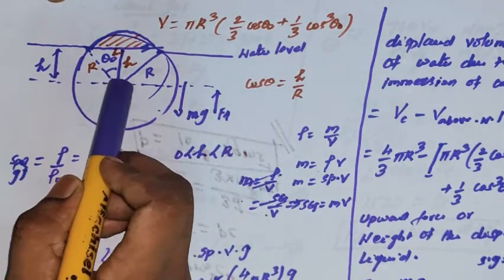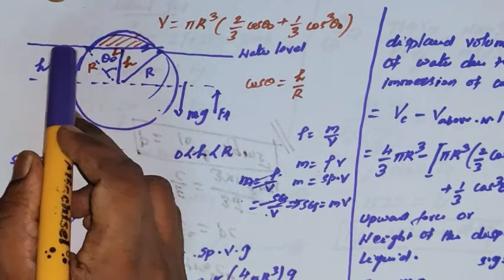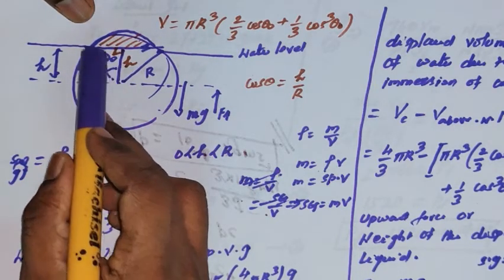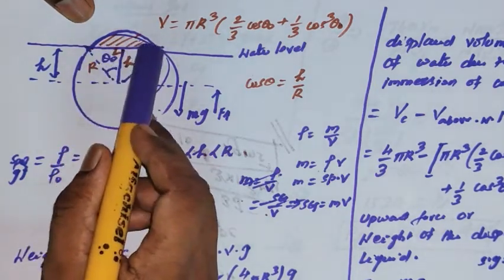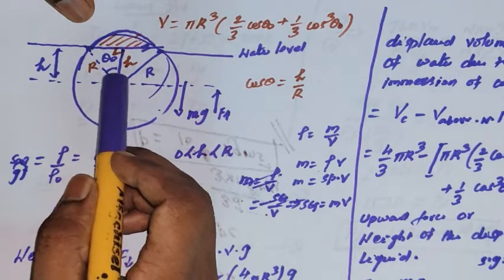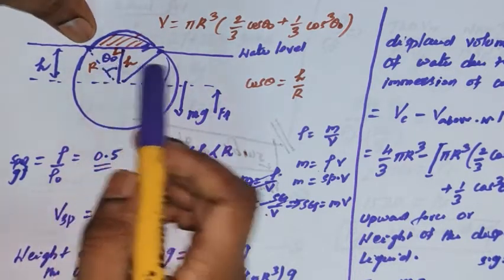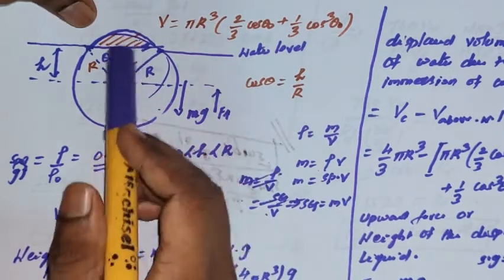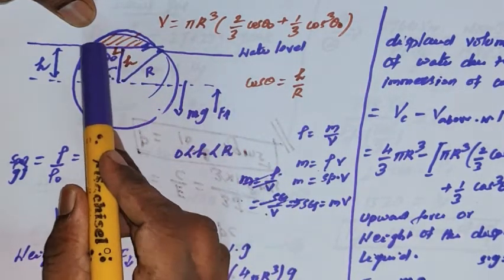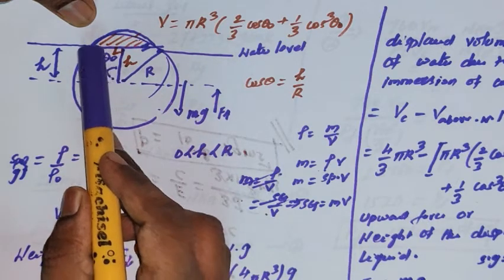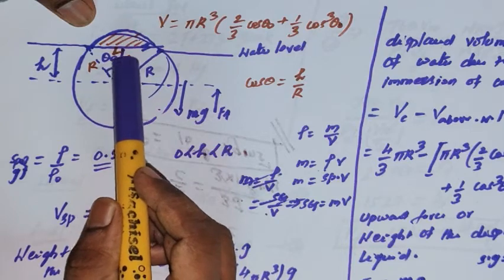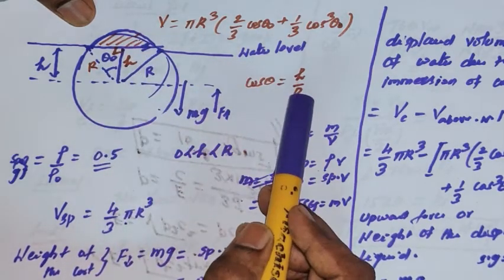From the center of the cork, the height of the water level is h. So here the angle is θ with respect to the chord of the water level to the cork. If you know θ, we can define cos θ. Looking at this right angle triangle, the radius is the hypotenuse and h is the adjacent, so cos θ equals adjacent over hypotenuse, h by R.